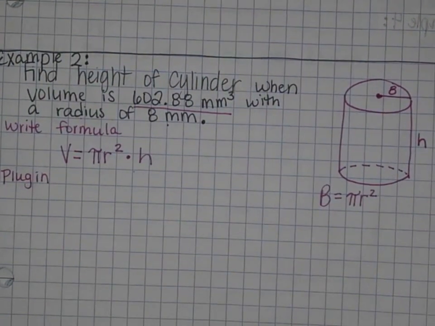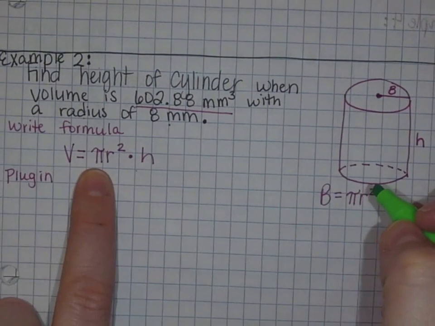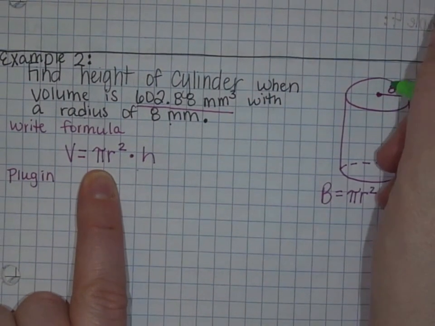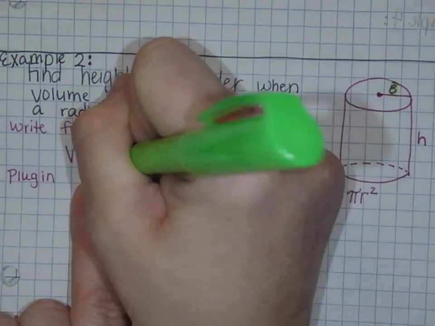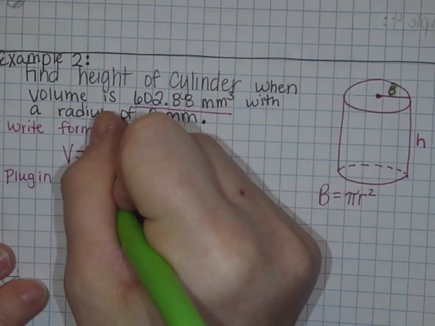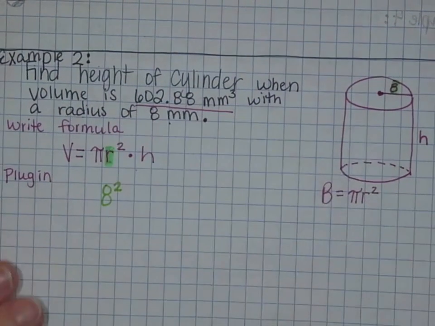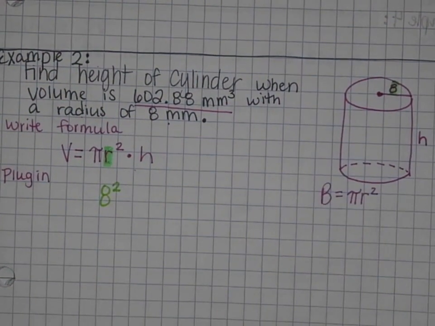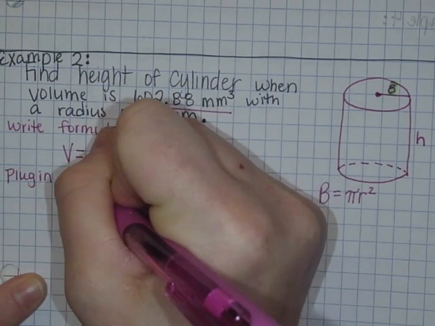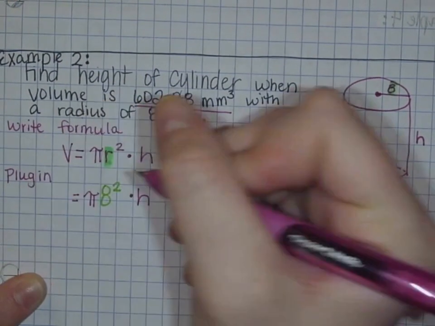So I'm going to use my highlighters again. So pi we know is 3.14. Radius we know is 8. So I'm going to say 8 squared times, we don't know the height. We're going to still use pi.